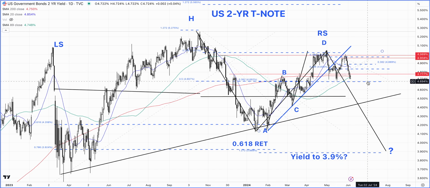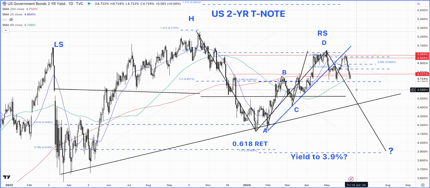Now we have seen there was strength coming in the yields, and as of 29th of May, that's pretty much when our timing model was coming into play as well. The yields on this shorter term 2-year treasury note have actually moved lower a lot. And now we have some support coming in from the structure and also the 38.2% retracement around 4.7.